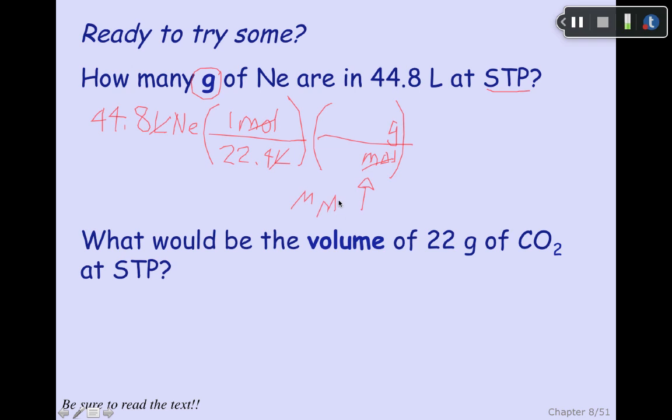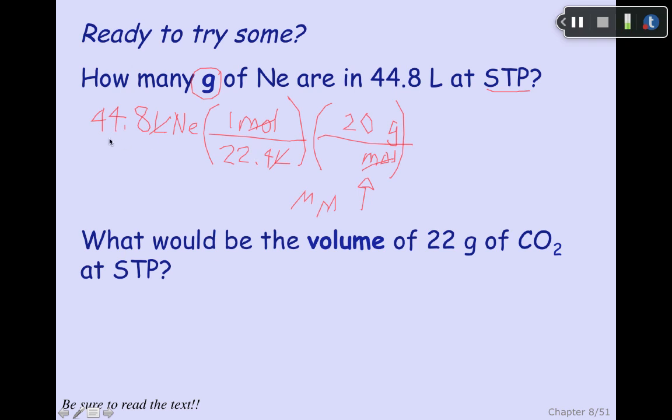So you find your trusty periodic table wherever you have one handy, look up the molar mass of neon, and the molar mass of neon is 20, at least in round numbers, that's close today, and we'll call it 20 grams, and then you do some math here.